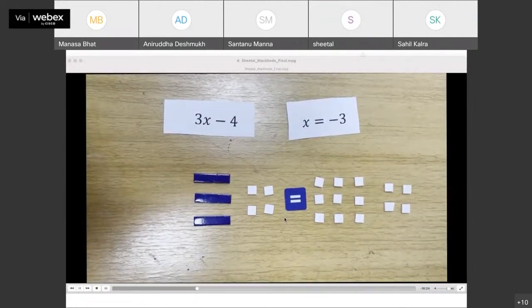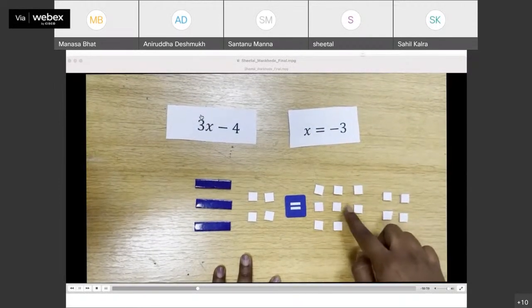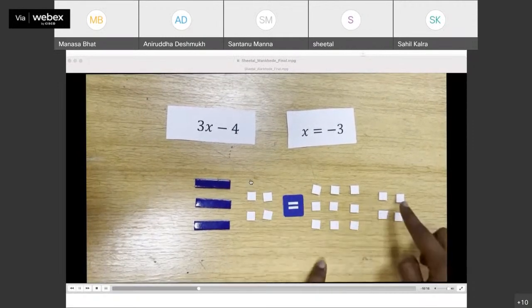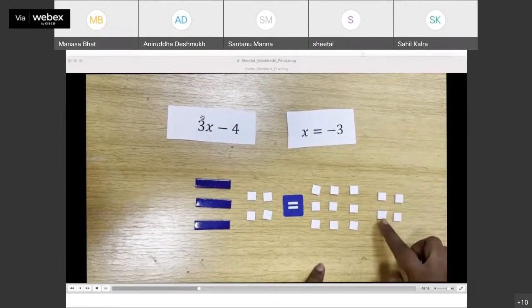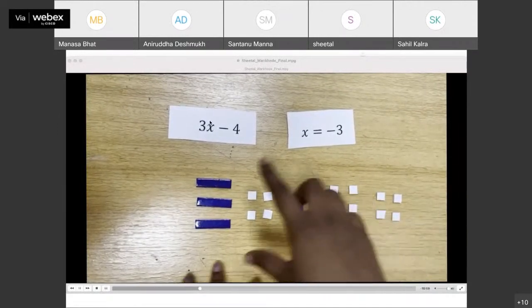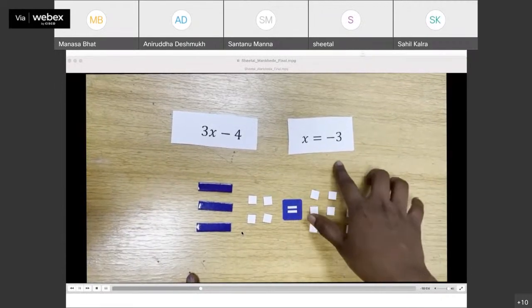So the value of this expression is equal to 1, 2, 3, 4, 5, 6, 7, 8, 9, and already this 4, 10, 11, 12, 13. That means 13 times of minus 1, minus 13. So the total value of this expression is minus 13 at the variable x equal to minus 3.